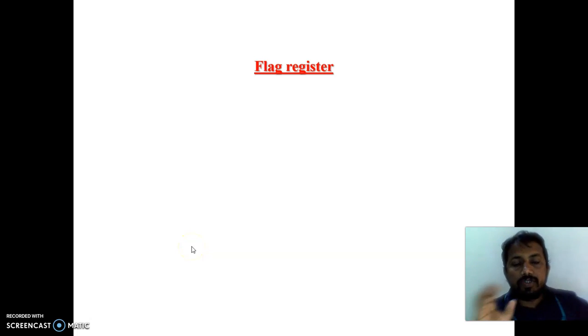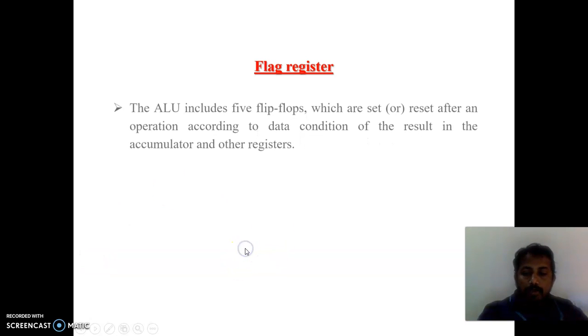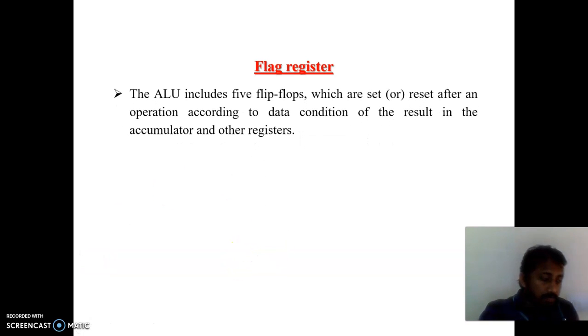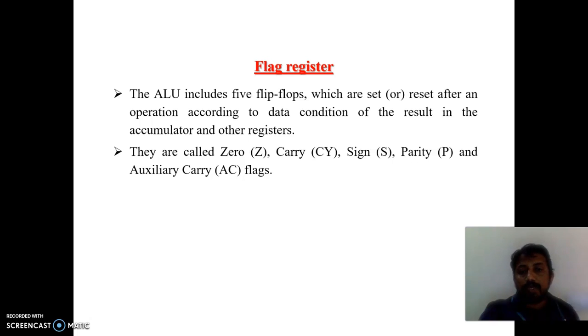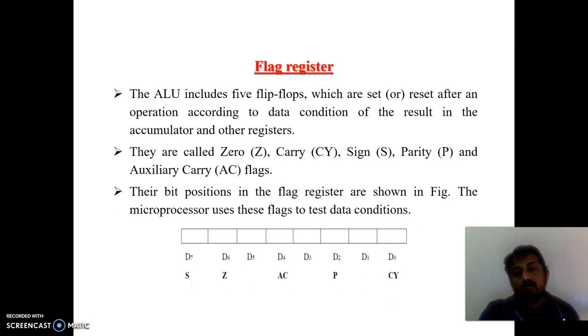Once you define the bits there, these bits give you information about different conditions related to the microprocessor, like the carry flag, zero flag, sign flag, parity flag, and auxiliary carry flag. These give you information about what operation has been carried out. This is the flag overview.